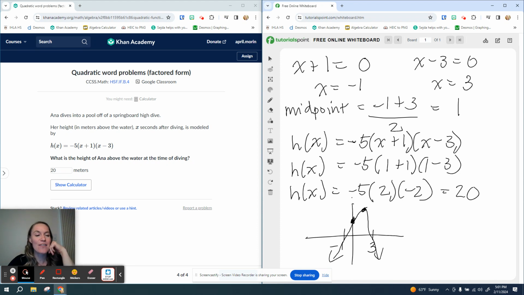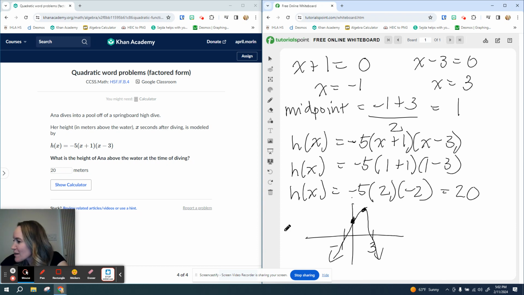Where is the graph equal to, if I plug in 0 for x, what do I get for y? Right? Is that what they're asking? Yes. So now we actually didn't have to do any of this. That didn't really help us with this question.